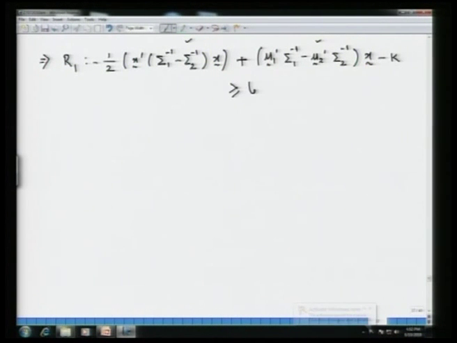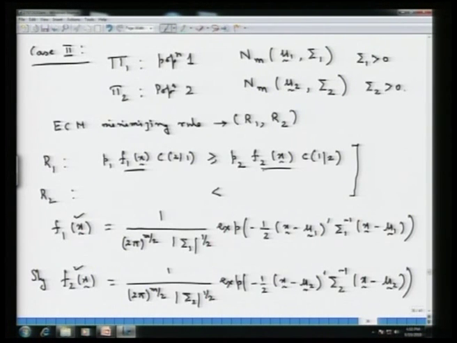This is greater than or equal to log of the term which we also had earlier, P2 into C1 given 2, divided by P1 into C2 given 1, where this constant k now has terms involving mu 1, mu 2, sigma 1 inverse and sigma 2 inverse from the two densities.